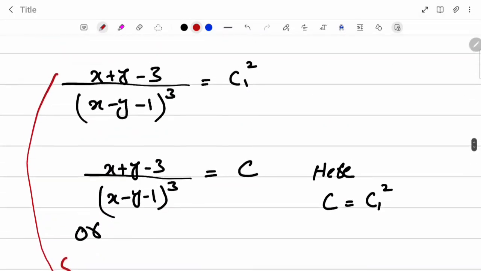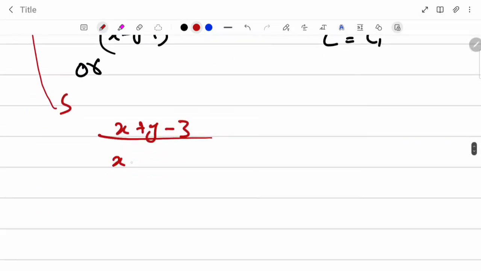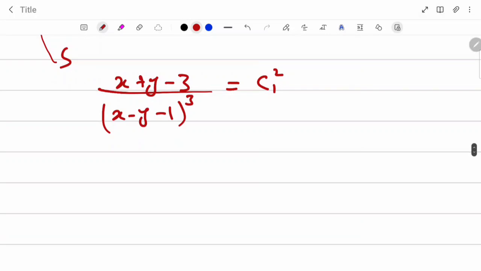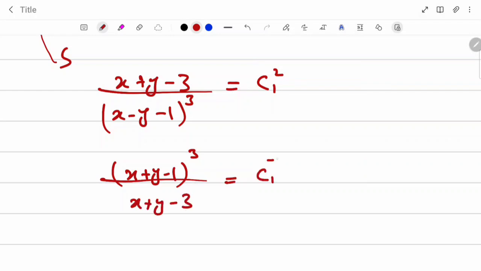I'm writing this to assure you that if you found this answer, you may perceive that we have done it wrongly, but we haven't. If somebody flips it, can I flip the answer? Minus 1, cubed, upon x plus y minus 3, equals c1 to the negative 2, because I flipped the powers of everything.